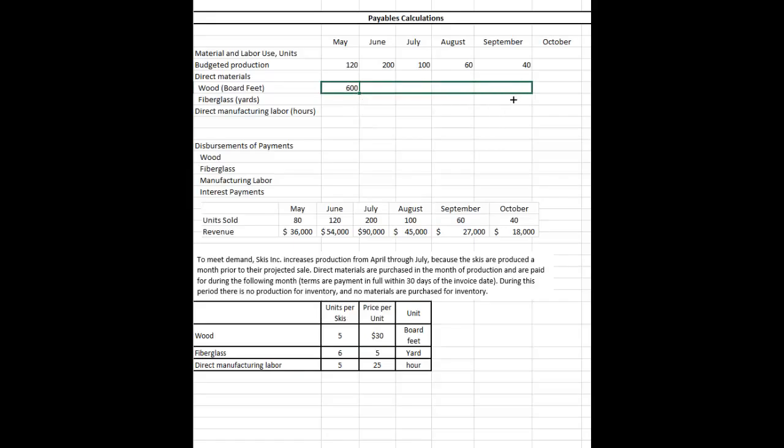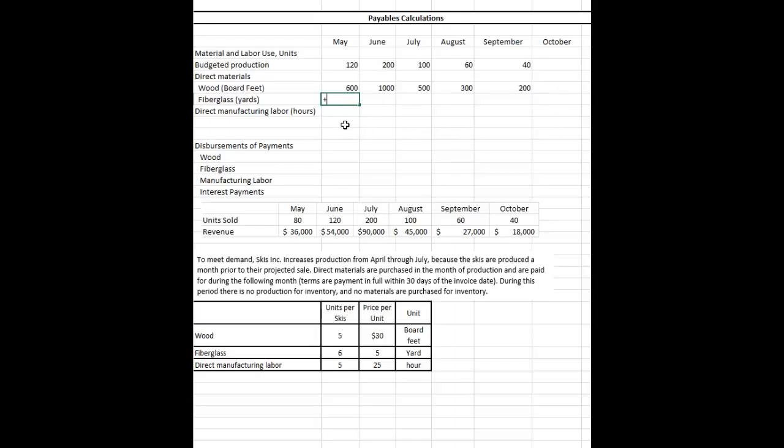I can carry this formula across, and it's simply taking the number of projected skis we're going to produce times the quantity of wood I need to consume per unit. I don't have an October number because I don't know what I'm going to make in November, and it's irrelevant in this problem anyway.